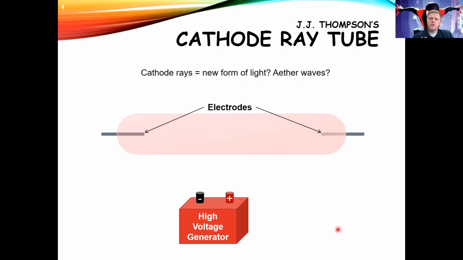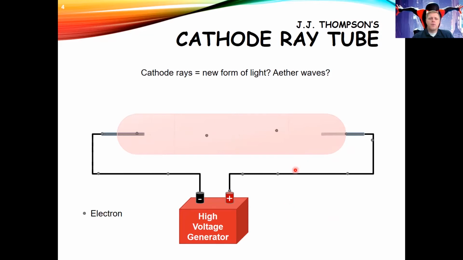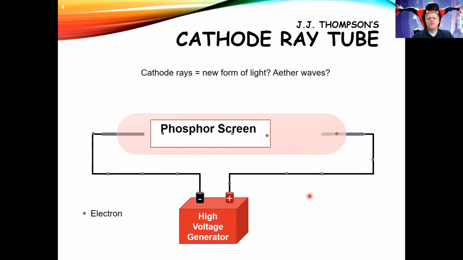Now, it had already been shown before Thomson that you could get an electric current to run through an empty tube like this, and so it was already postulated that there was some sort of current. But what J.J. Thomson did was put a phosphor screen inside the tube, just a sheet coated in phosphor.